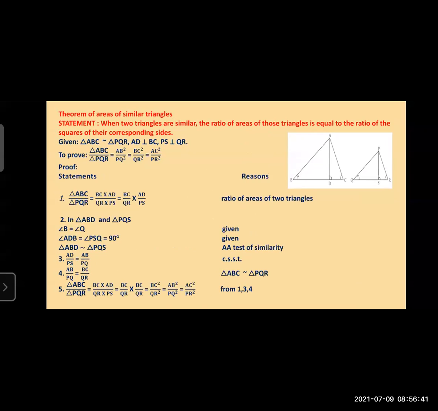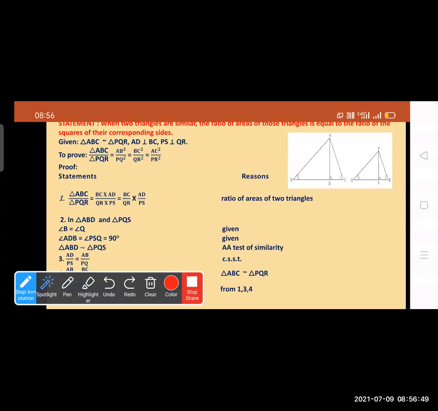See in the figure. From the first sentence, when two triangles are similar, we write triangle ABC is similar to triangle PQR. This symbol indicates similarity. So ABC similar to PQR.